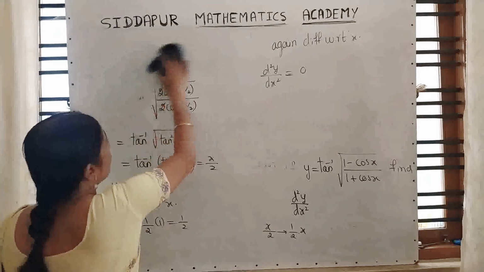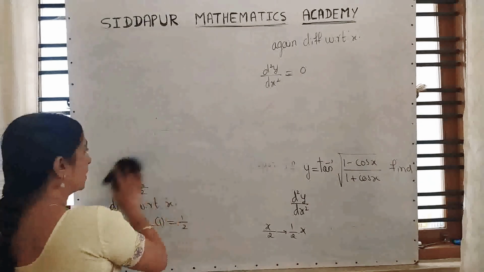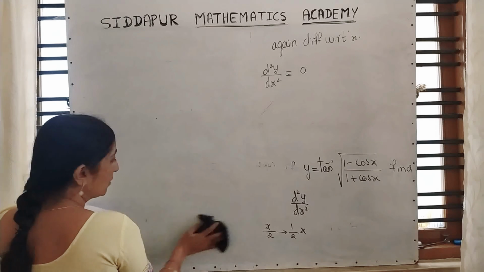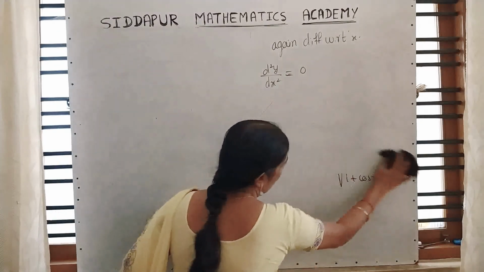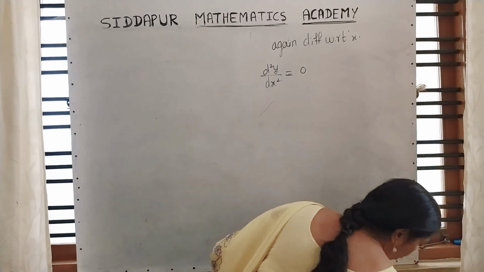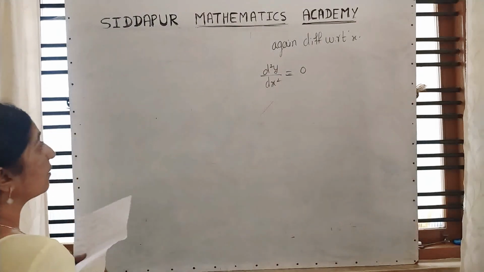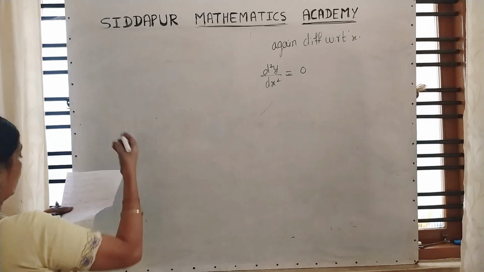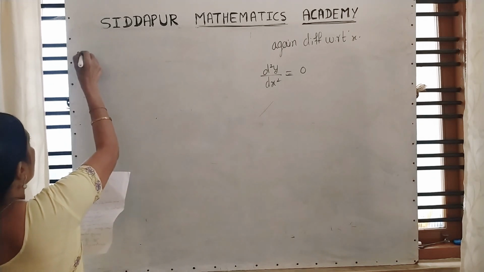Moving to the next question, that is question number 300. And there I will stop. After that I will go for the NCERT. In the next class, I will move to the NCERT questions on second order derivative. Question number 300.